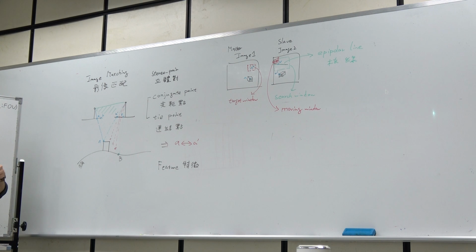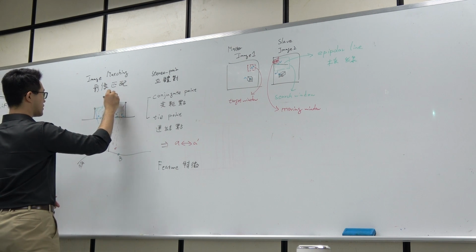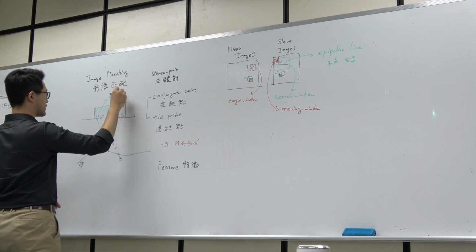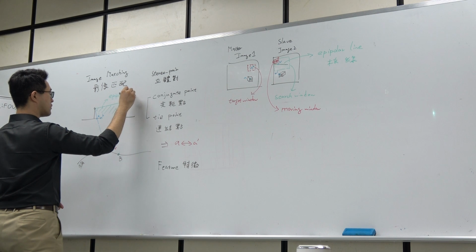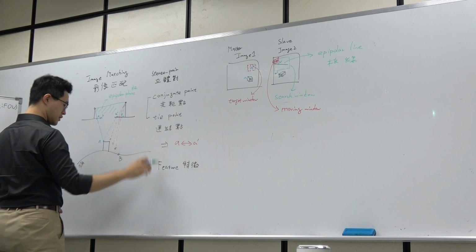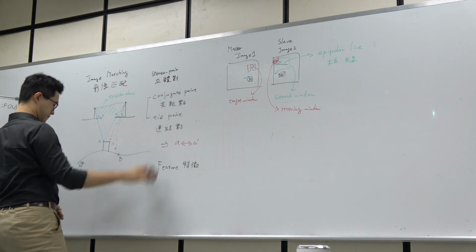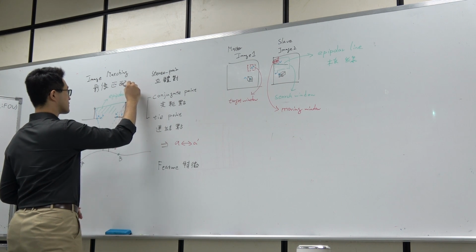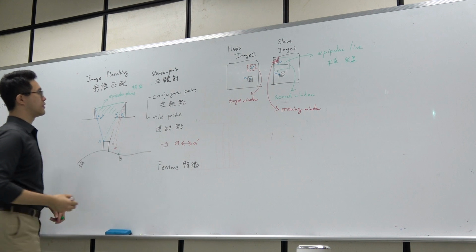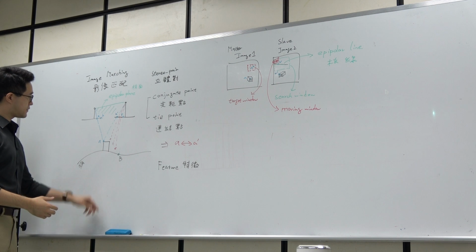Three points in the three-dimensional space, you can form a plane. This is called epipolar plane.